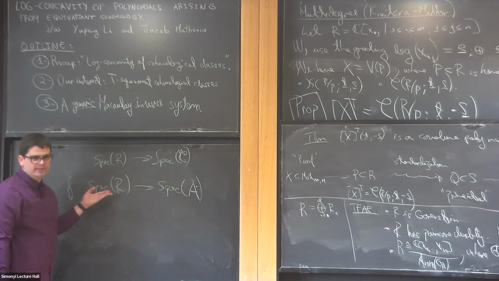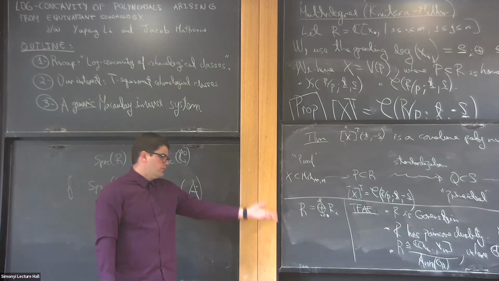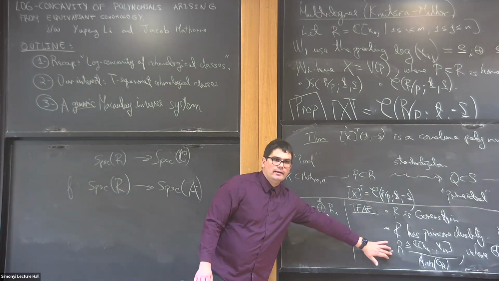So the morphism is Gorenstein if it's flat and all the fibers are Gorenstein rings. You can define Poincare duality there, and you can define a generic Macaulay inverse system there also.